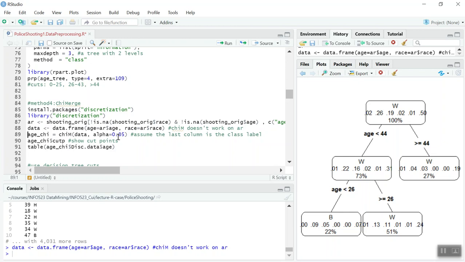That gives you a clue to understand the difference between inferences made by statistical analysis and inferences made through machine learning methods. We have more of a practical goal of finding the patterns, even when the data may not actually conform to all the assumptions required. Okay, that's all for that point, and now we can actually run this chi-merge.